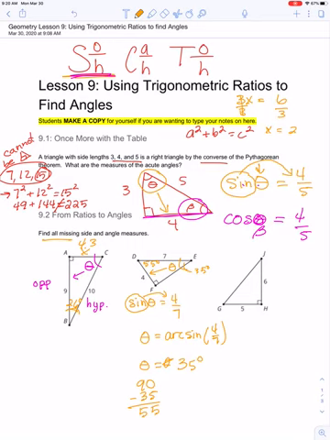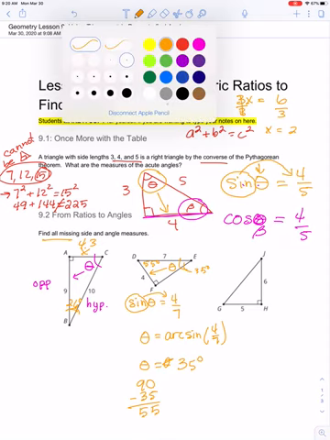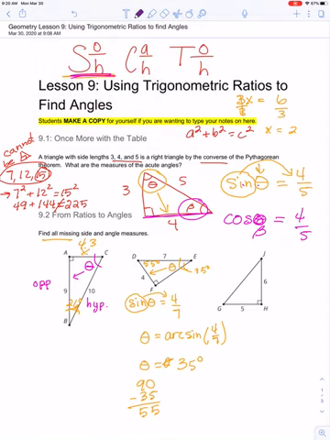So again, I'll solve it this way using trig functions. I want to keep using 35. I like to stay with the same angle so I don't get confused what I'm working with or where I'm at. So if I know that this is 35, then I'm looking for this adjacent side. Adjacent, remember, is cosine. So cosine of 35 degrees is equal to adjacent, which I don't know yet, over my hypotenuse.